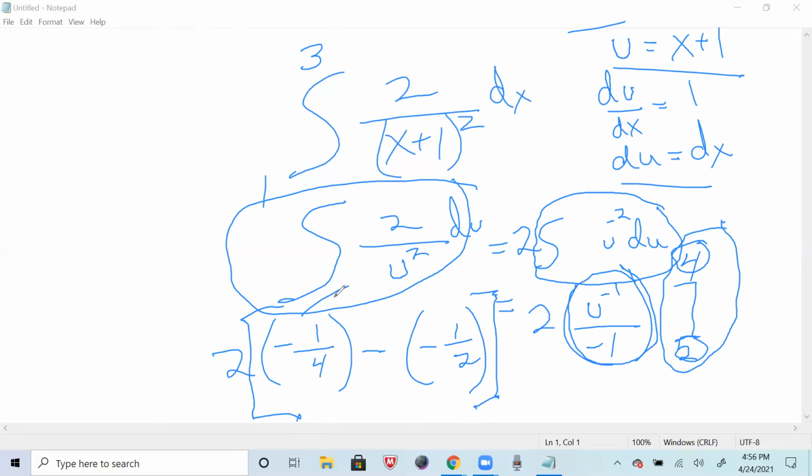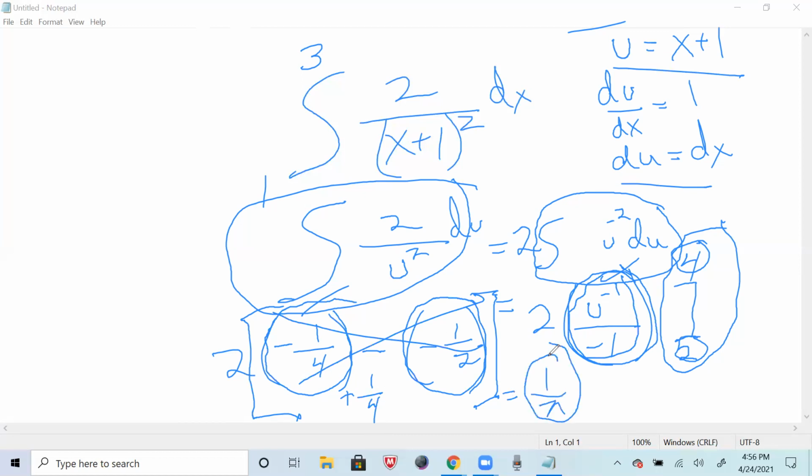Yeah, correct. And this represents this with 4 substituted for u, and this represents that same thing with 2 substituted for u. If I do the math, all of that gets replaced with a positive 1/4. So that thing is 1/2. That is the area of that function between 1 and 3.